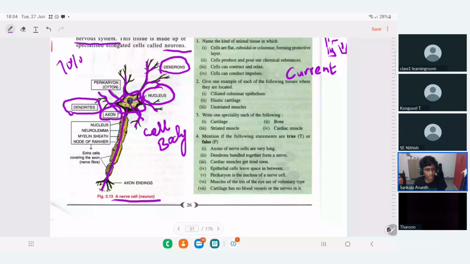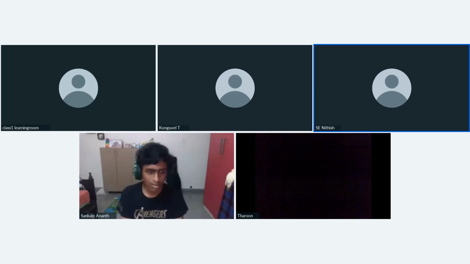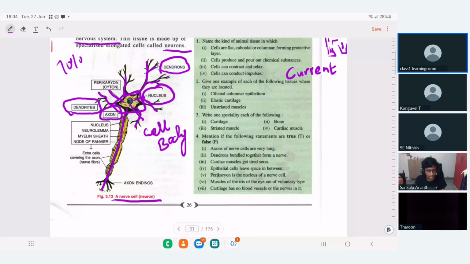Sir, how does it have two nucleuses? One is next to the axon and one is in the cell body. Where can you see two nucleuses? Are you talking about this one?